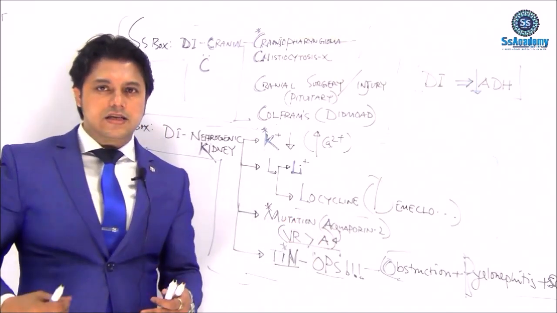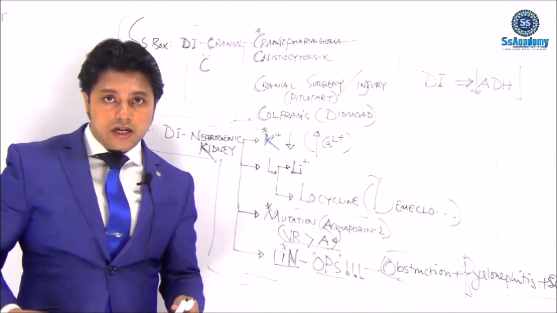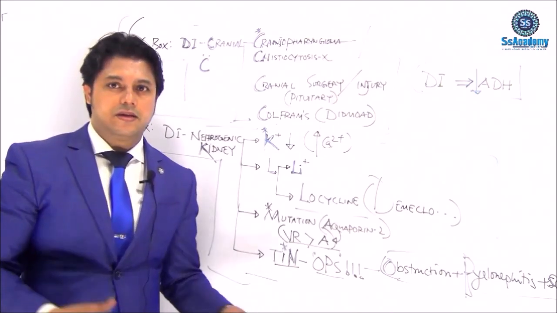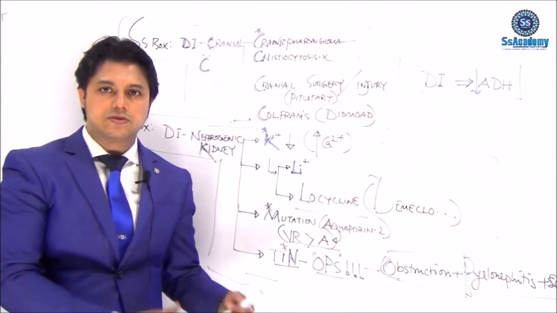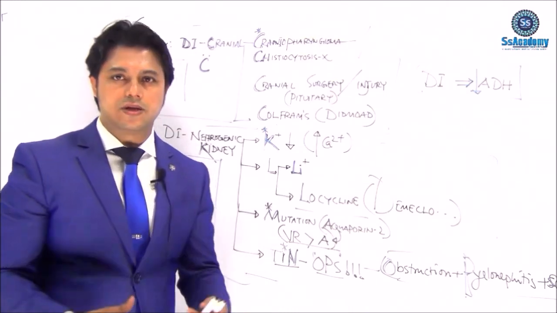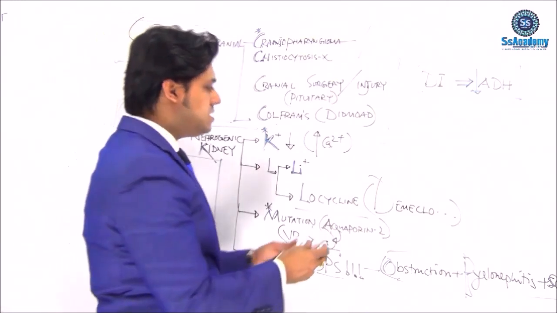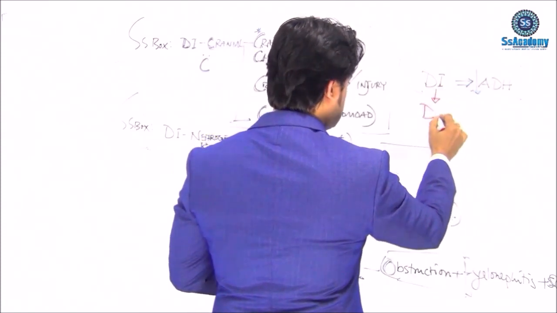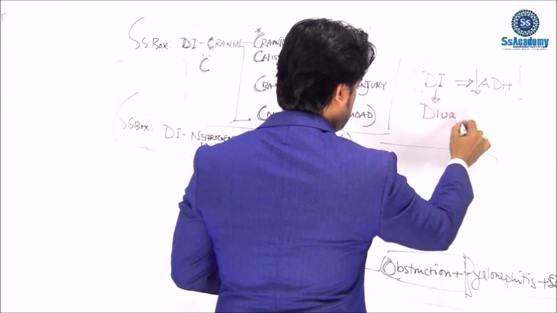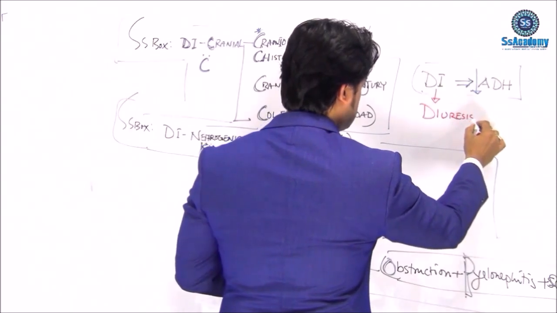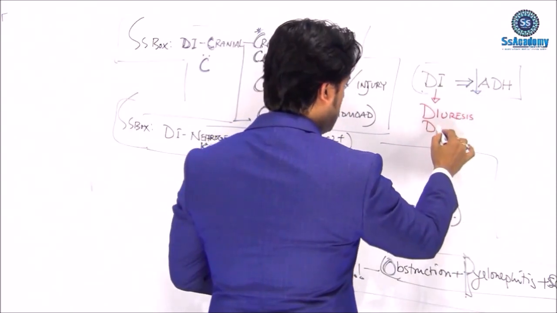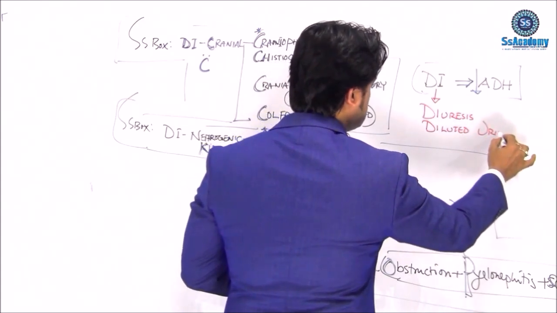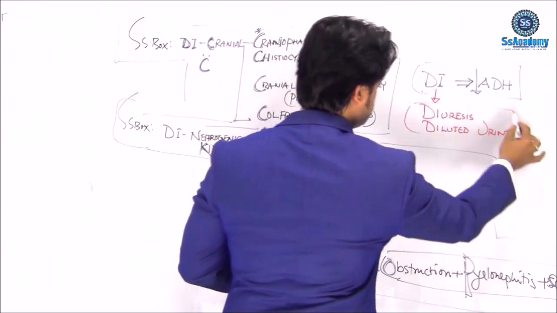So if the ADH is absent or not working in the kidneys, diuresis will happen, so the diluted urine. So diabetes insipidus, if you say very simply, is nothing but diuresis, meaning diluted urine instead of concentrated urine.